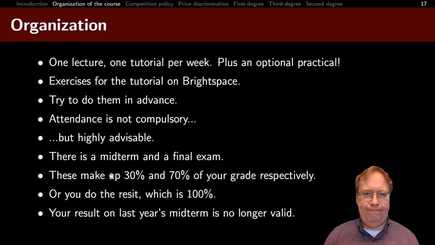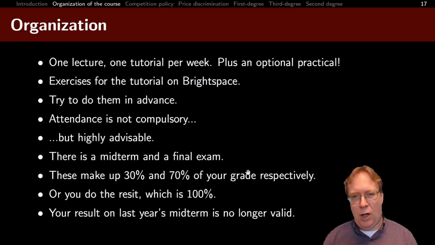Also, the material that is covered in the midterm will not be covered again in the final exam, apart of course from the stuff that you also need to do the exercises in the final exam, but more on that later.